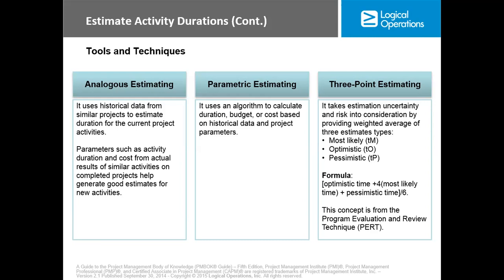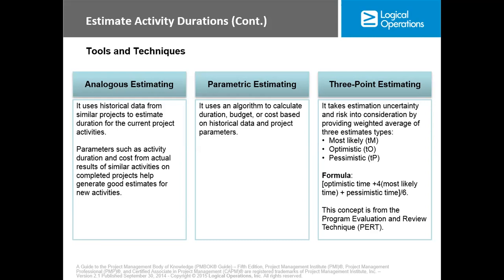Now we have the three-point estimate, where you use the most likely, the optimistic, and the pessimistic. What are we talking about here? The most likely is not the best possible scenario.